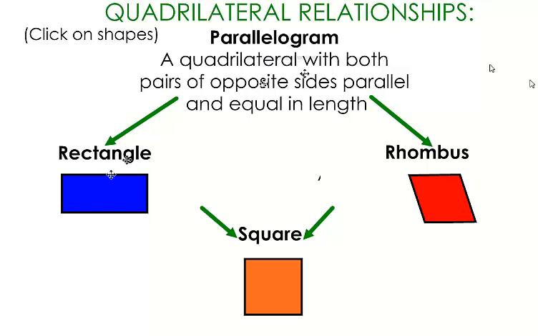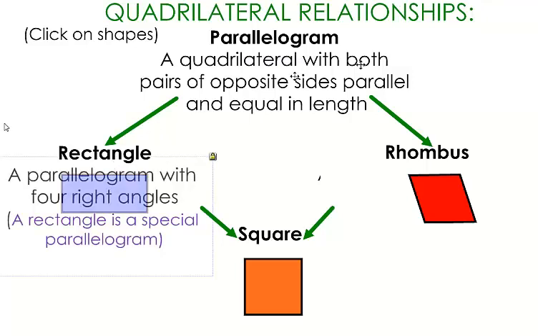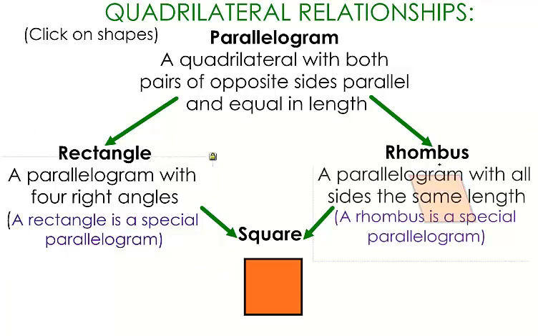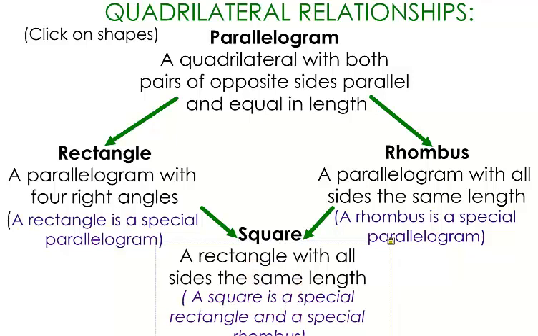So if we look at the rectangle, a rectangle is a parallelogram, but it has specifically 4 right angles. That's what makes it the difference. Now a rhombus is also a parallelogram, but it doesn't matter about the angle measurements. This has 4 equal sides. Now if we put the angle measurements and the length of the sides together, that becomes a square because it has 4 right angles and all sides are congruent.